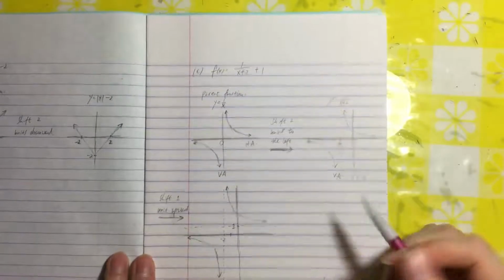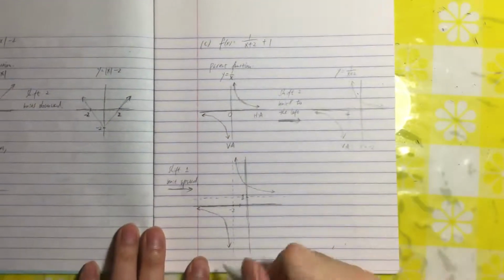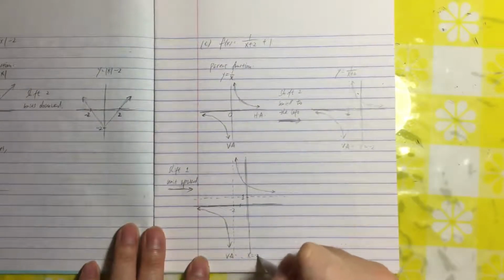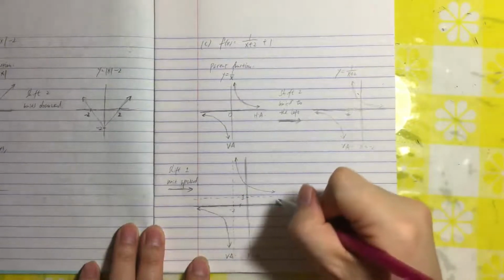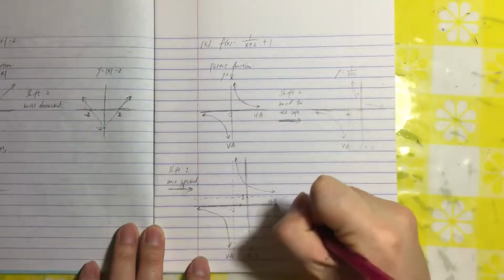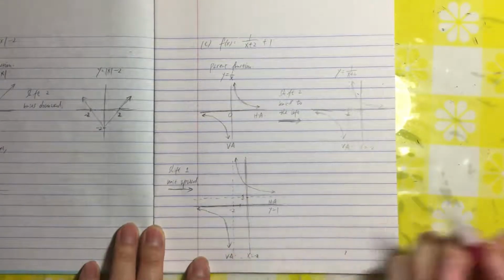Next, we need to find the x and y intercepts and asymptotes. For the asymptotes, we know that the vertical asymptote is x equal to -2 because it goes to -2 on the x-axis. Horizontal asymptote is y equal to 1 because it goes to 1 on the y-axis.